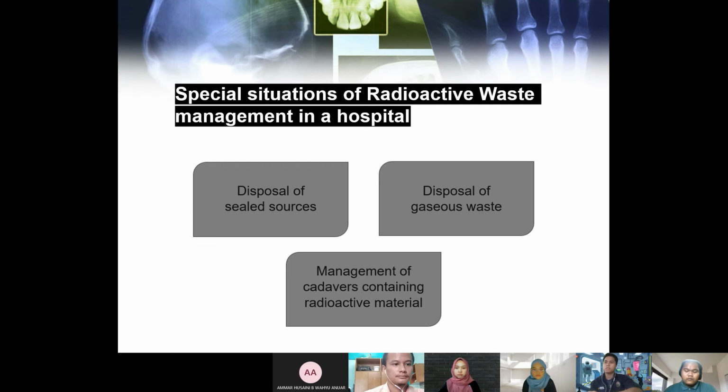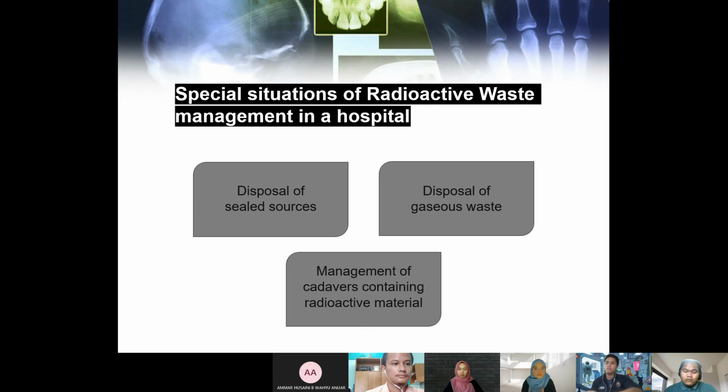The hospital using this application must sign a contract with the providers for the safe removal and replacement of the sealed radioactive source. For the disposal of gas waste, the disposal of this radioactive gas must have an efficient airflow system to ensure that the gas is disposed of properly without harming human health and the environment.